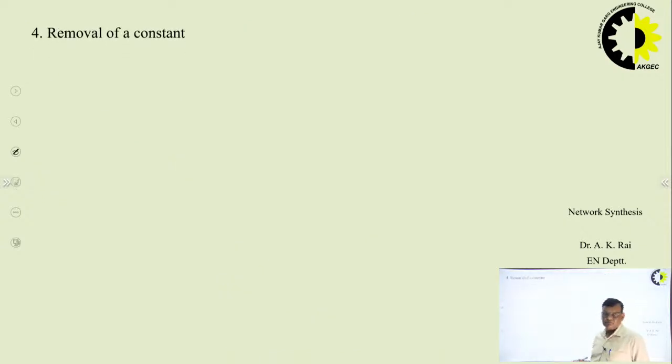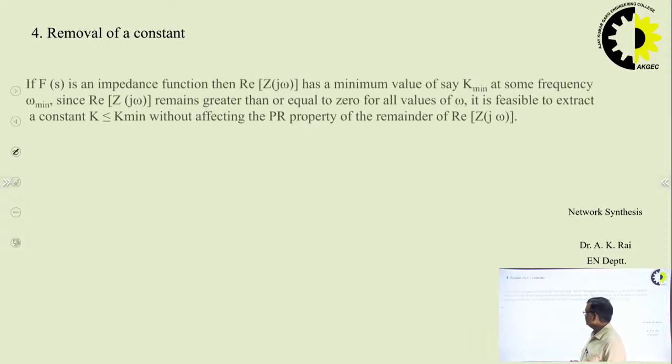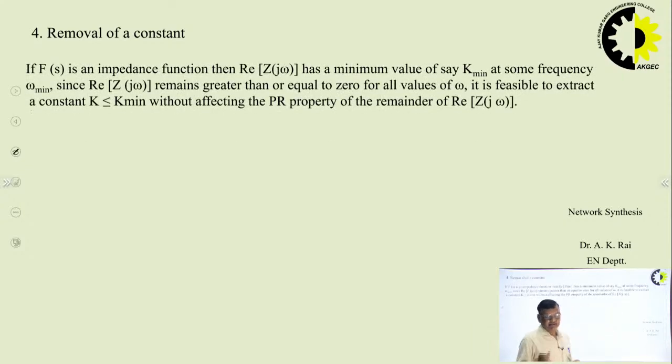Now come to the removal of a constant. This is very important. We remove the minimum value k minimum at some frequency. The gist of this technique is to divide the numerator by the denominator without disturbing the PR property. PR property should not be disturbed.